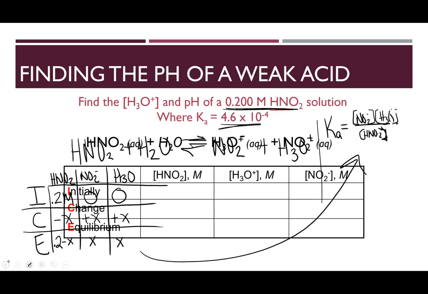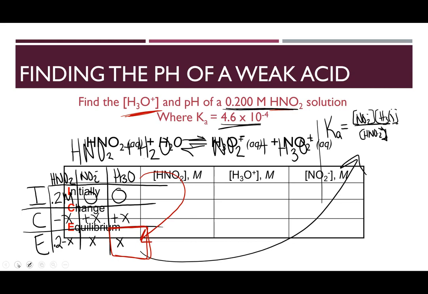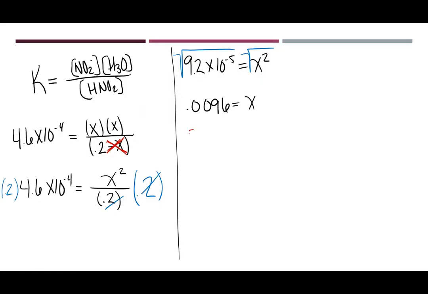Going back to our ice table, we have solved for X. And remember, the hydronium is going to be the equilibrium value of interest. So hydronium concentration at equilibrium is just that X value. So I could rewrite this as hydronium concentration is 0.0096 molar. And then the pH is just the negative log of that value.